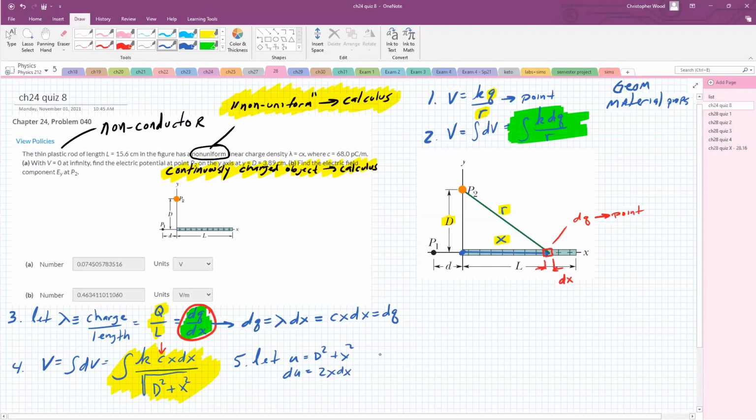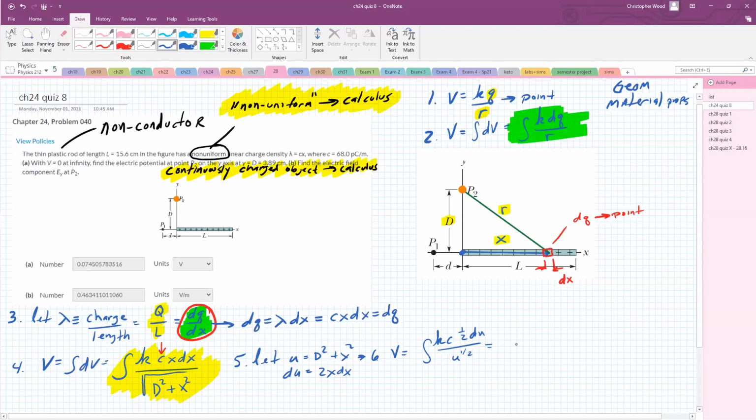So now my integral becomes, I'll just write it like this, the voltage at point P is the integral of KC times 1/2 dU over U to the 1/2. So we're living in garden variety integral calculus land. If you don't find this integral in your lookup table, it's because your prerequisite skills are sufficient.